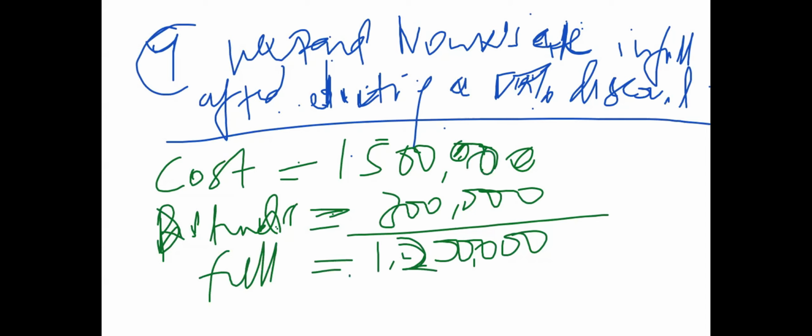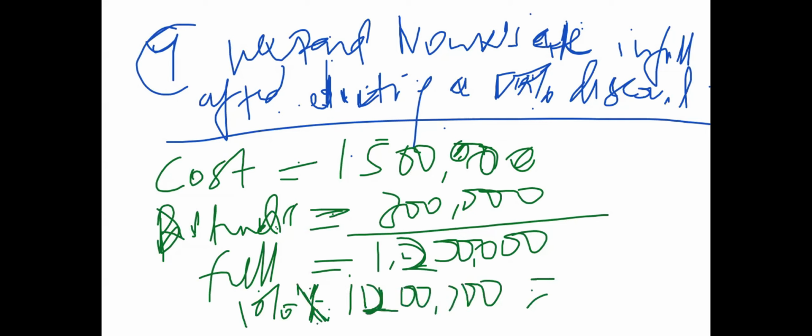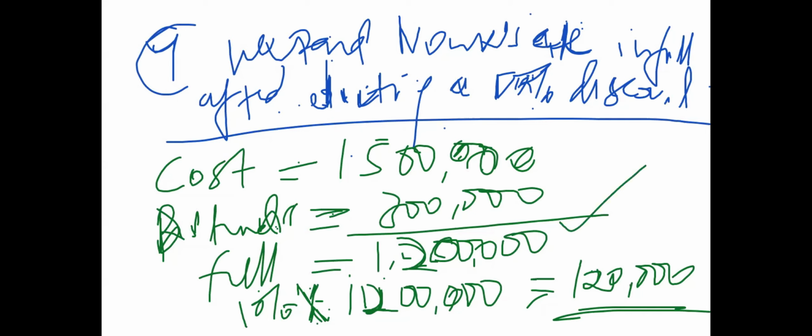This is the full amount that is demanding us. But on top of paying him in full, he gave us a 10% discount. So a 10% discount will be 10% times the 1.2, because this is the money we are supposed to pay him. That will give you 120,000. So meaning the discount alone that we received from Mark, because Mark is our supplier, is 120,000. Remember, we are supposed to pay him 1.2.